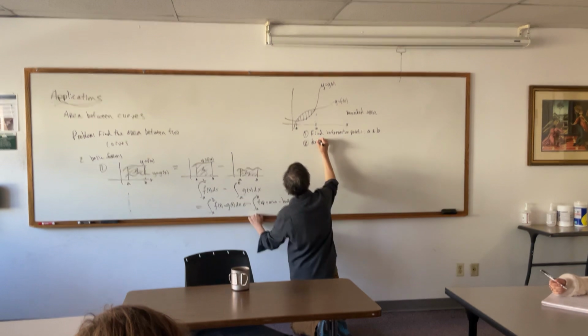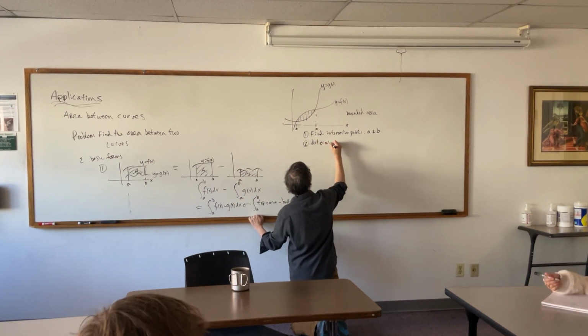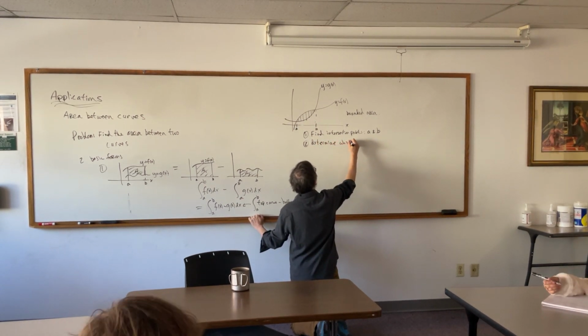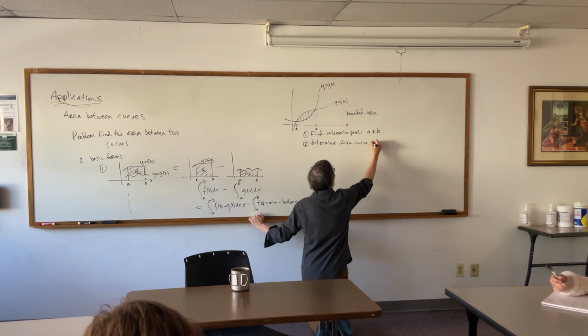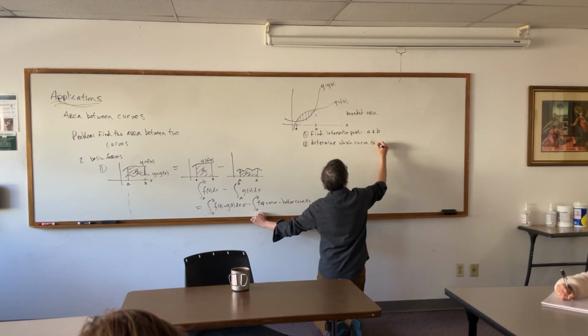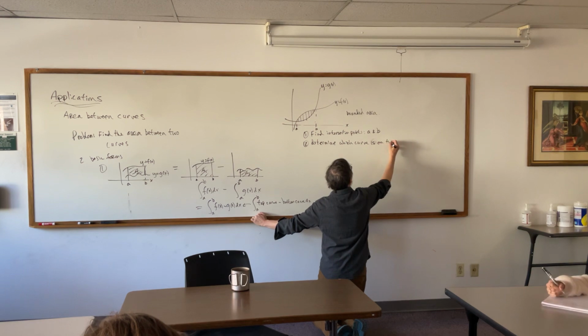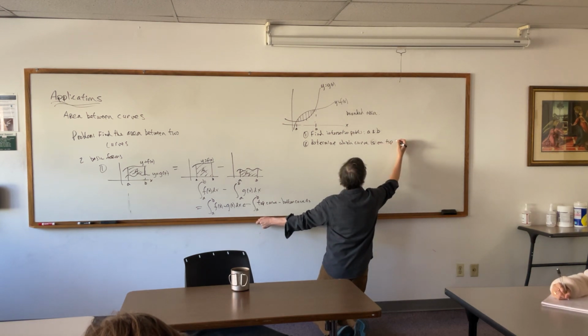That's probably a problem here, but I think it becomes more manifest here. Determine which curve is on top. That's like Desmos time, or you actually know how to graph stuff, which is even better. So get a graph.